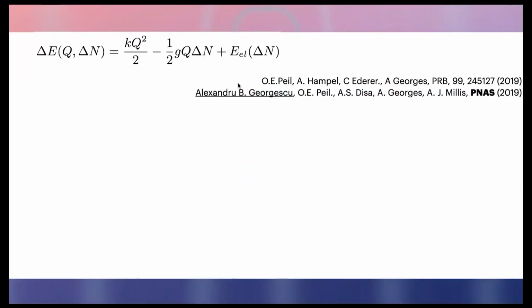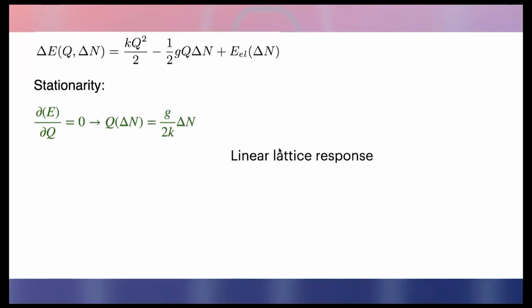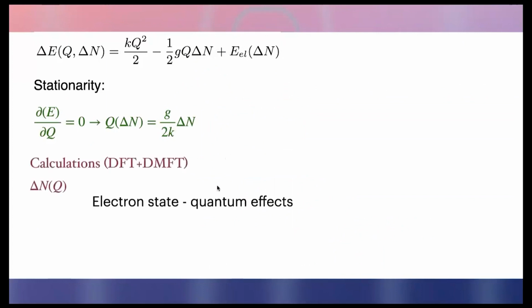So, okay, we start with this energy functional. And we can impose stationarity. So the derivative with respect to Q will get rid of the electronic energy, and you end up with just this line. So this is a linear lattice response to electronic disproportionation, right? You move the electrons and the ions move around a bit.